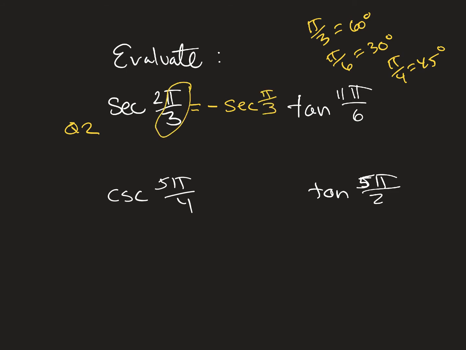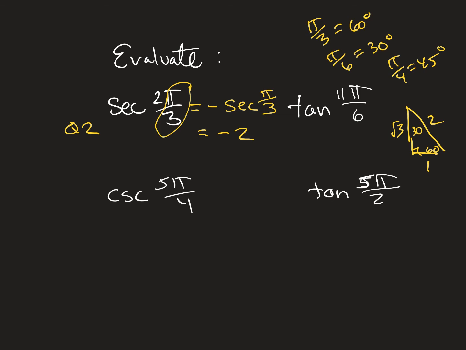So negative secant of pi over 3, and I'm going to have to draw my little triangle again. So 1, root 3, 2. And secant of pi over 3, that's going to be r over x. So it's going to be equal to negative 2.